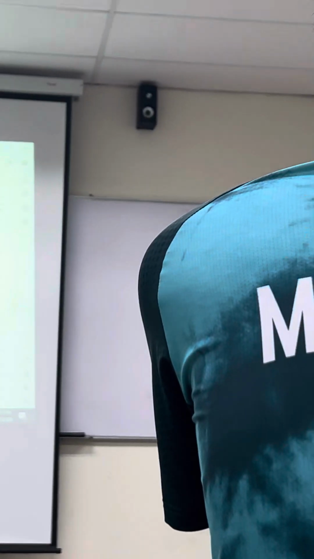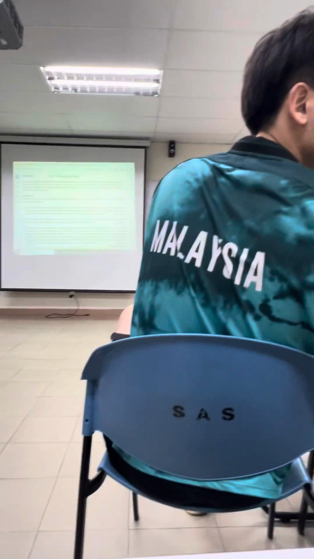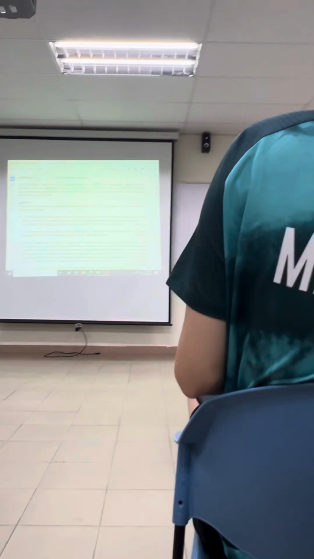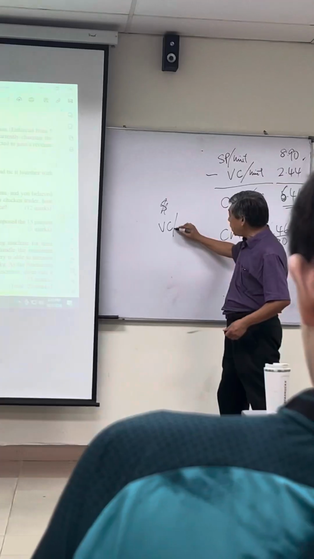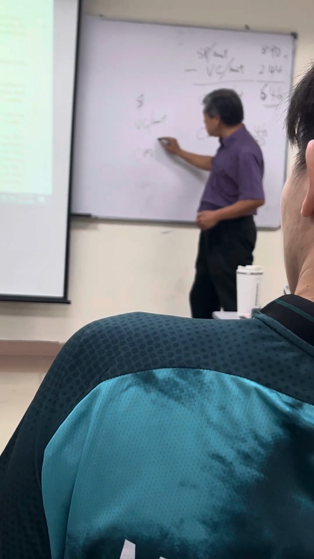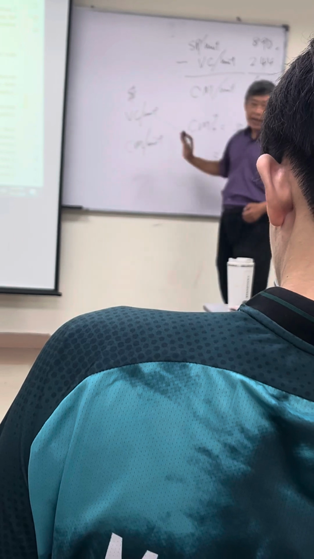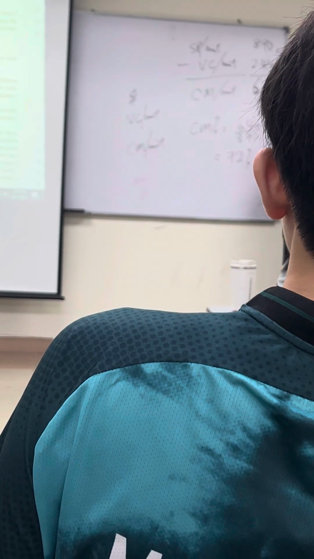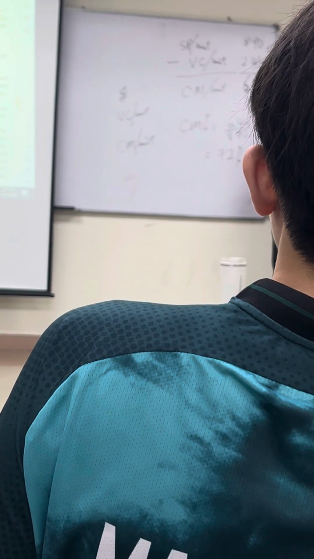Now, if the question gives you different things, remember in one of the parts here, it gives you variable cost per unit, it gives you contribution margin per unit. Can you find out selling price? You should be able to.